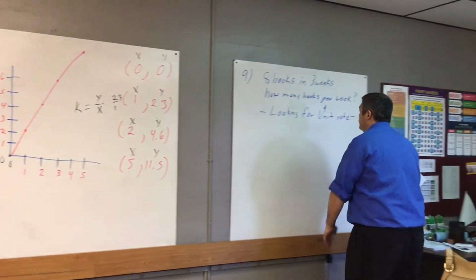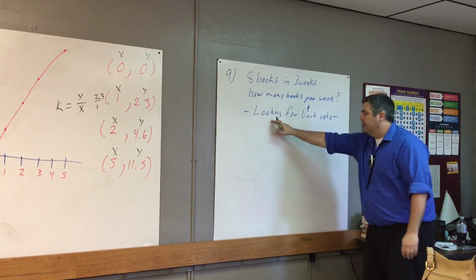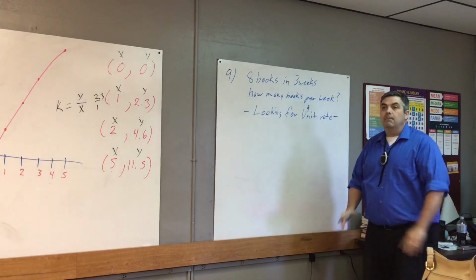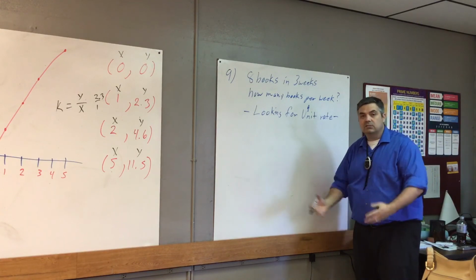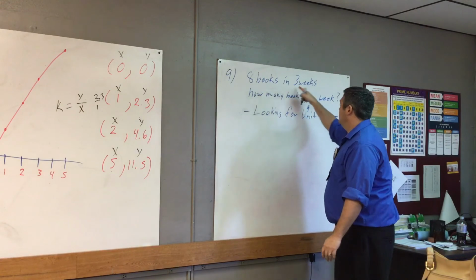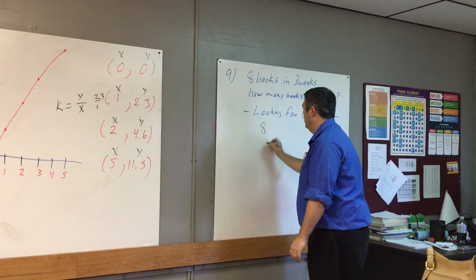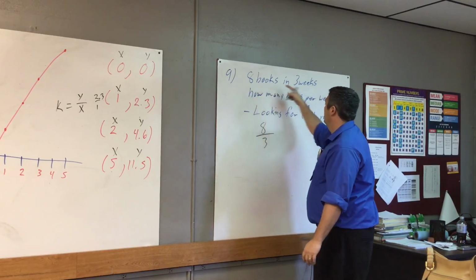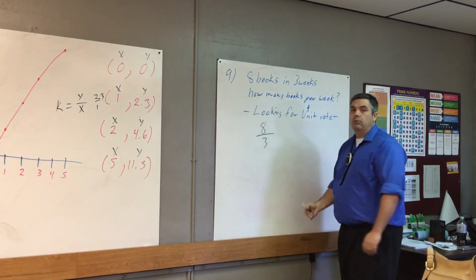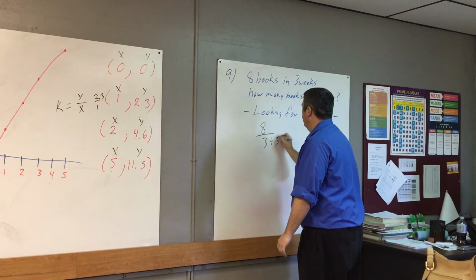All right. 8 books in 3 weeks. How many books per week? Again, looking for the unit rate. Most of the problems we have here can be solved using our unit rate. 8 books in 3 weeks. How many books per week? It's a simple deal. 8 over 3. Now we're reducing. Divide by 3.